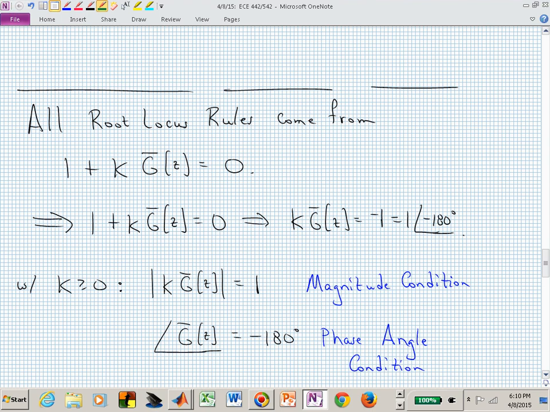We have the magnitude condition. That's true on the root locus. And the root locus is the locus of points of all possible closed loop poles. And we have the phase angle condition. The angle of all of those poles, finite poles and zeros, need to sum to minus 180 if that point is going to belong to the root locus.